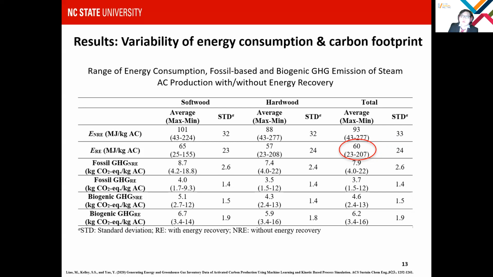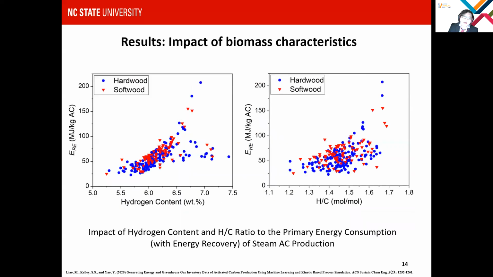So we have tried to correlate the process energy consumption to the biomass composition. We can find some interesting results here. When the hydrogen content or the hydrogen to carbon ratio increased, the process energy consumption increased a lot. This phenomenon may be explained by the decrease of yield.